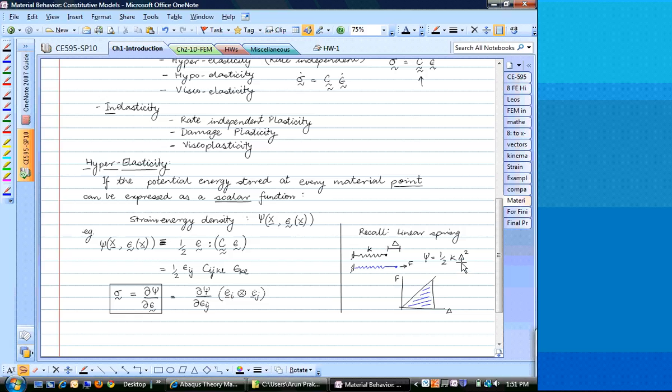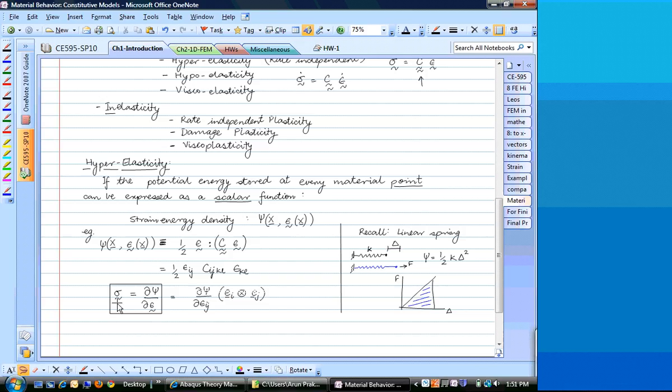So a very analogous thing happens here. If you go to a point in your body, you can imagine that at each point in your body you have these small three-dimensional springs, which, if you find the strain, you can find the scalar energy density function using this expression.